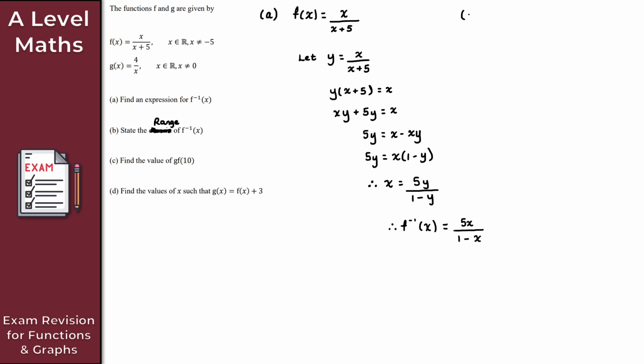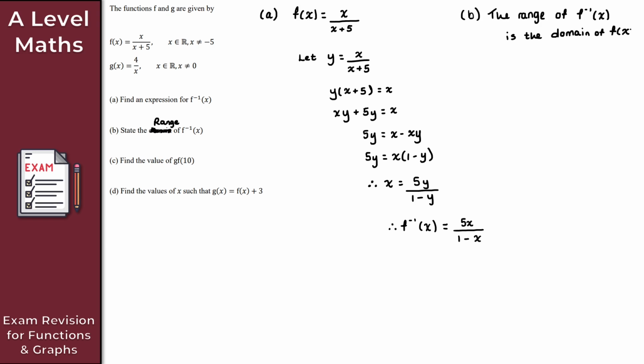Well, for part B then, let's have a go at stating the range of the inverse of f of x. You should be aware here that the range of the inverse of f of x, so f to the minus 1 of x, is the domain of f of x.